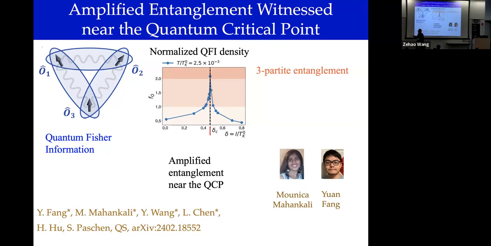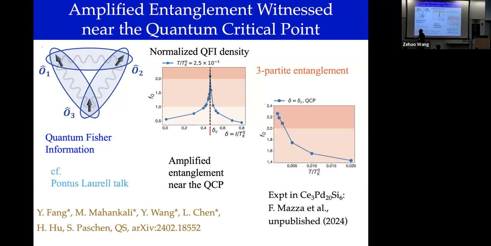And we were able to do the calculation to show that the quantum critical point is where it's amplified. This is the quantum Fisher information normalized as a function of control parameter. And the same thing is seen when you stay at the critical coupling as a function of temperature: it increases. So it gives the multipartite entanglement, and combining with some other things allows us to say that it's a highly entangled state.